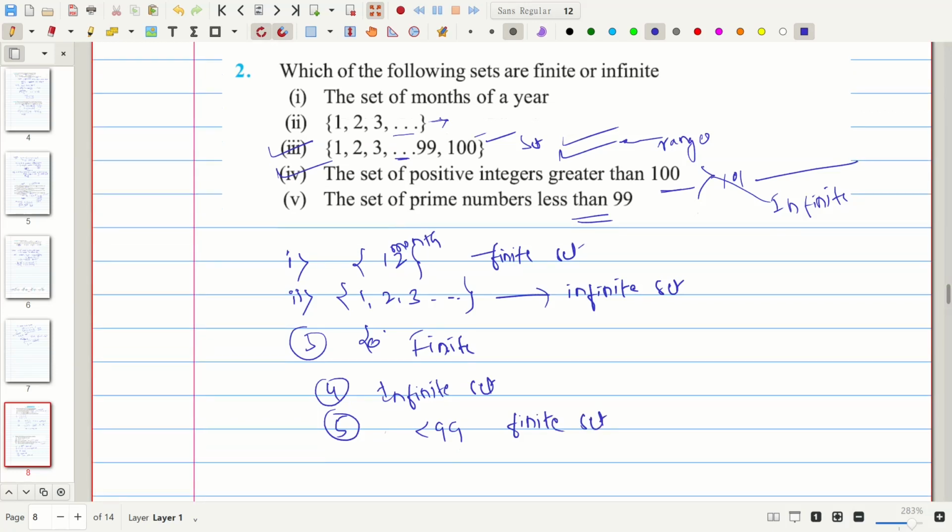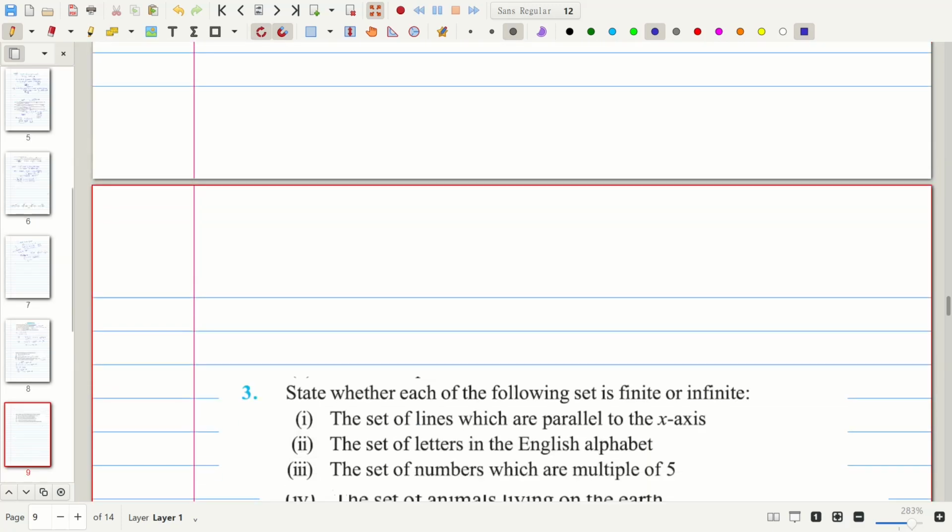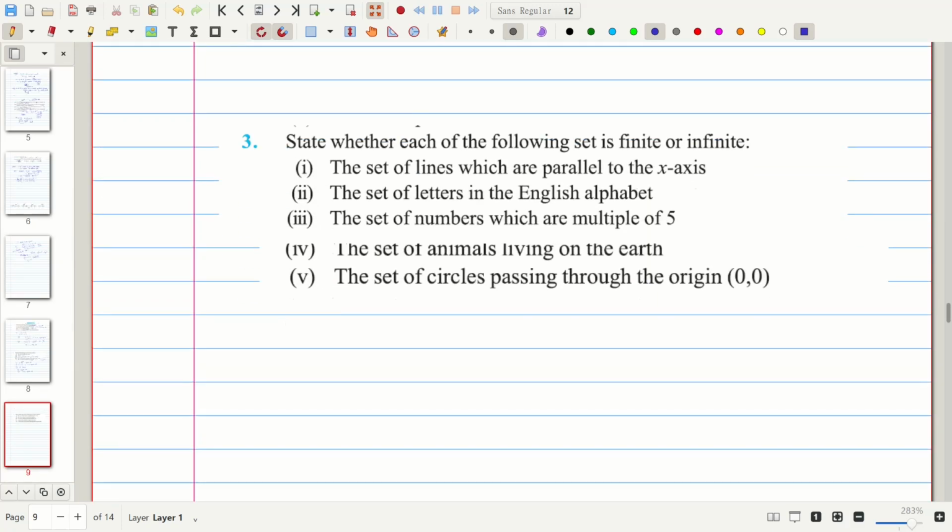Next we go to the third problem. Here we need to identify whether the set is finite or infinite. First, the set of lines which are parallel to the x-axis. The first one is infinite. Why?